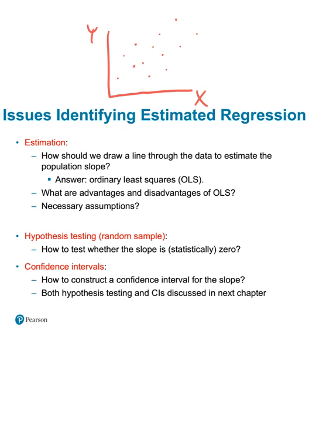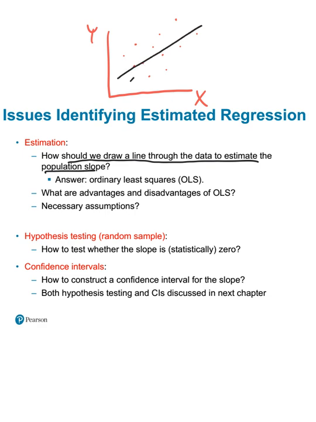And for estimation, we have some issues that we need to discuss. Okay, so we see with these data points up here, information that we collected, that there pretty much is a positive relationship. As x gets bigger, so does y. But the question, though, is how should we draw a line through the data to estimate the population slope? Because the reality is, I can draw it like this.